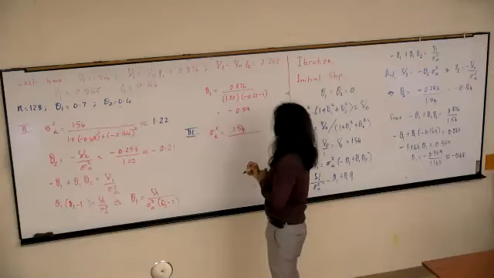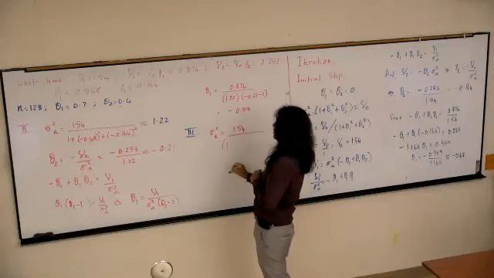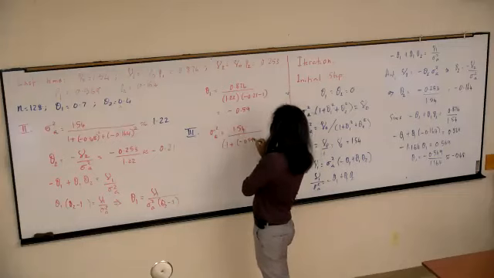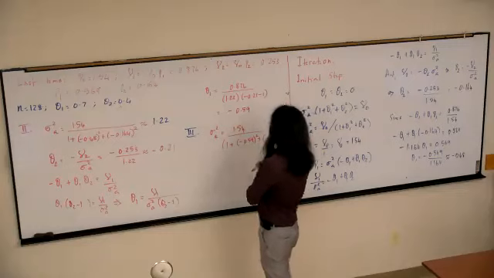So 1.54 over 1 plus theta 1 squared, negative 0.59 squared, plus negative 0.164 squared.